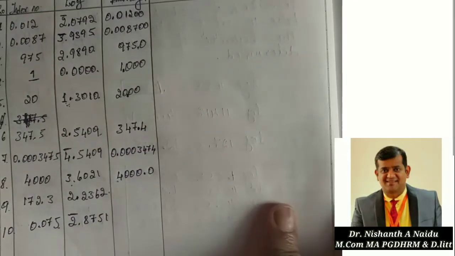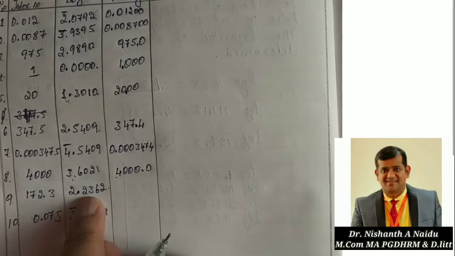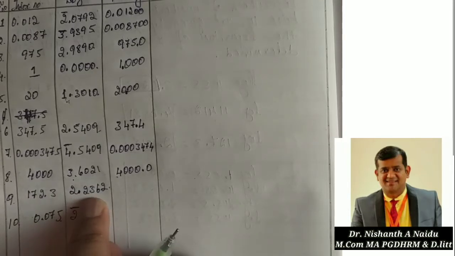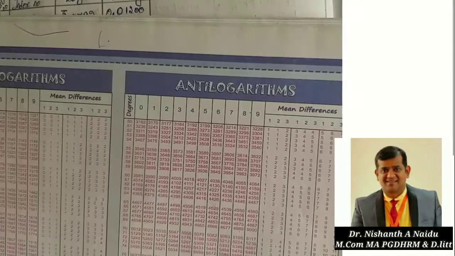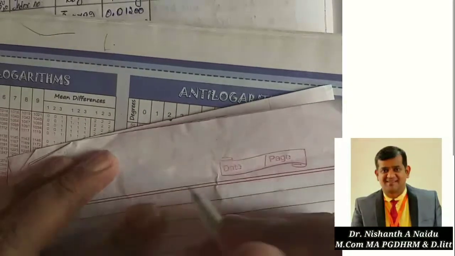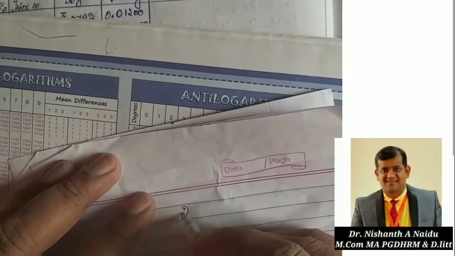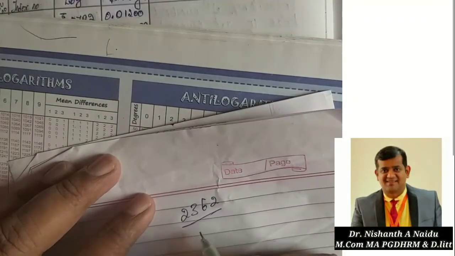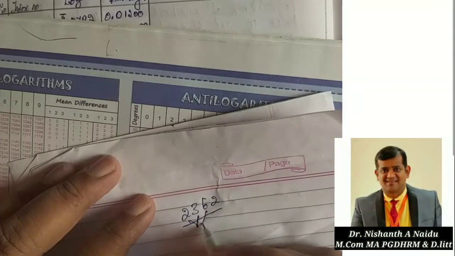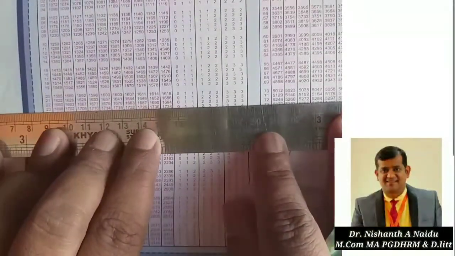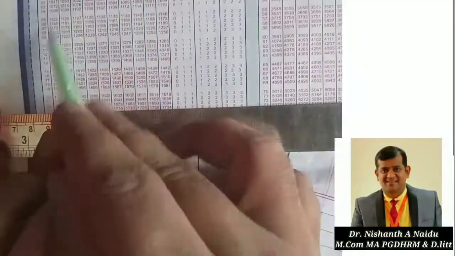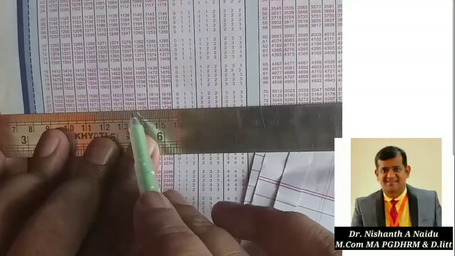Okay, next is 2362, which you have to identify. So the 23rd row, 6th column, mantissa 2. To get clarity, I will write it here. You have to identify 2362: the 23rd row, 6th column value. The 6th column is 0, 1, 2, 3, 4, 5, 6.